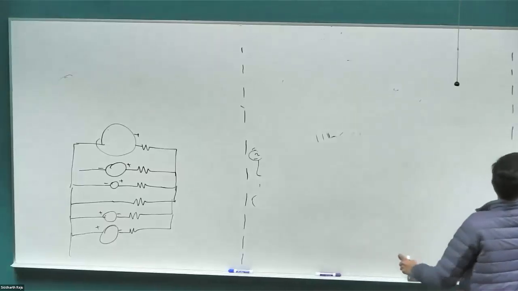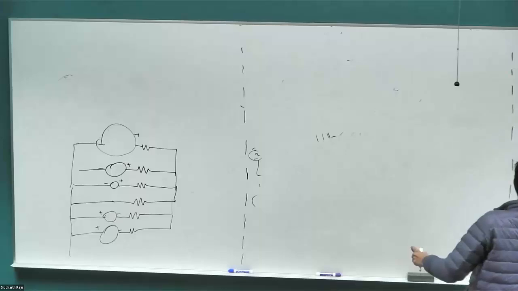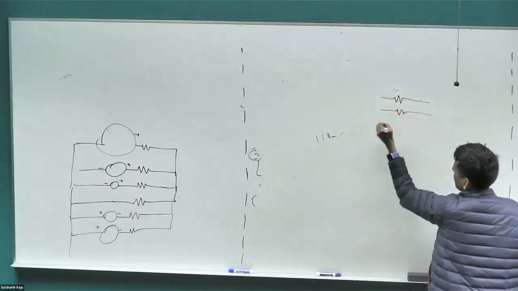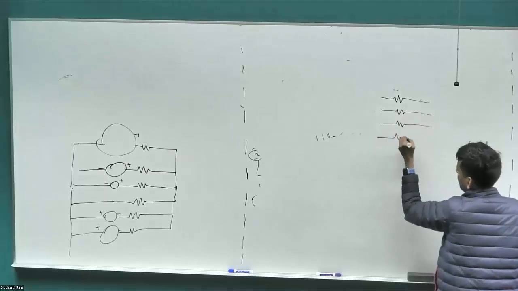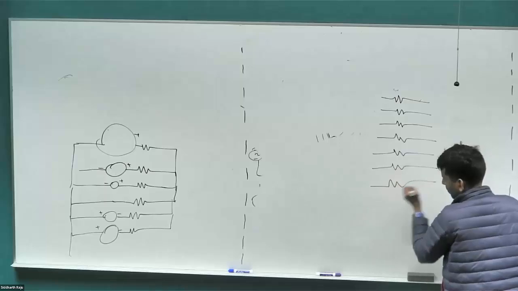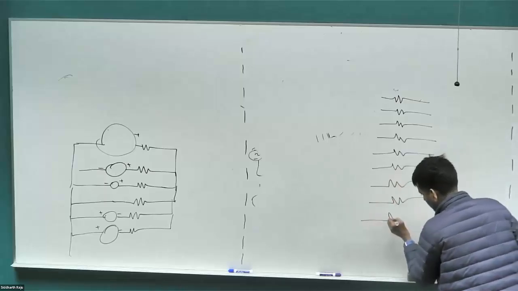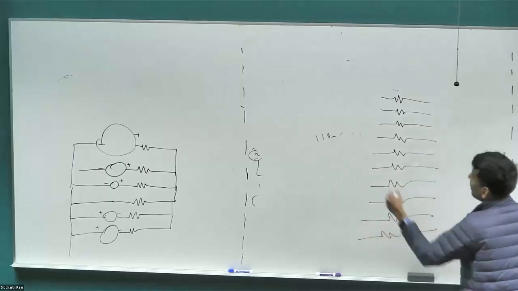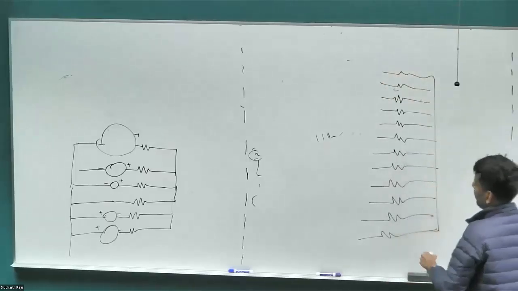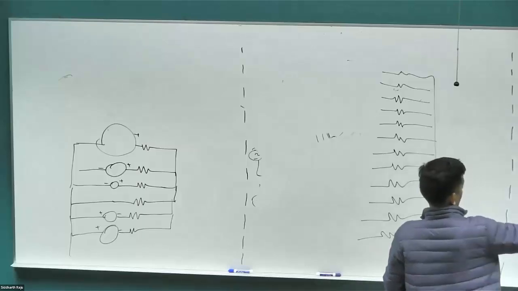So we have 1, 2, 3, 4, 5, 6, 7, 8, 9, 10, 11, 12 bars. One resistance, 3, 4, 5, 6, 7, 8, 9, 10, 11, 12. Right. So let's start off with something being at the peak.